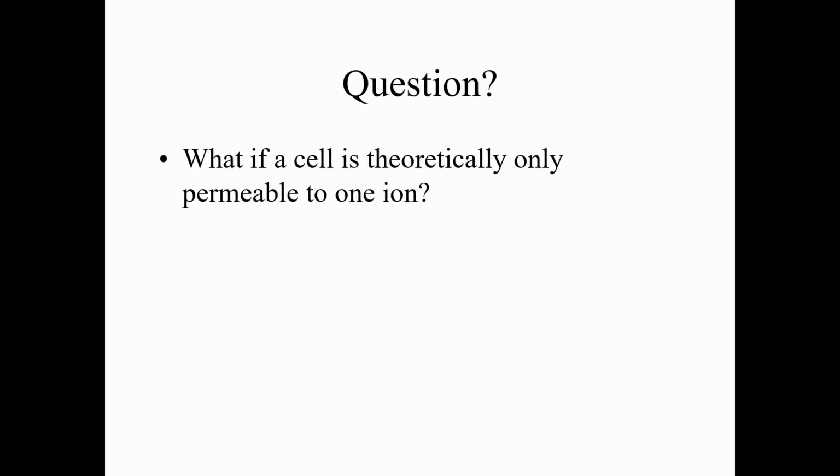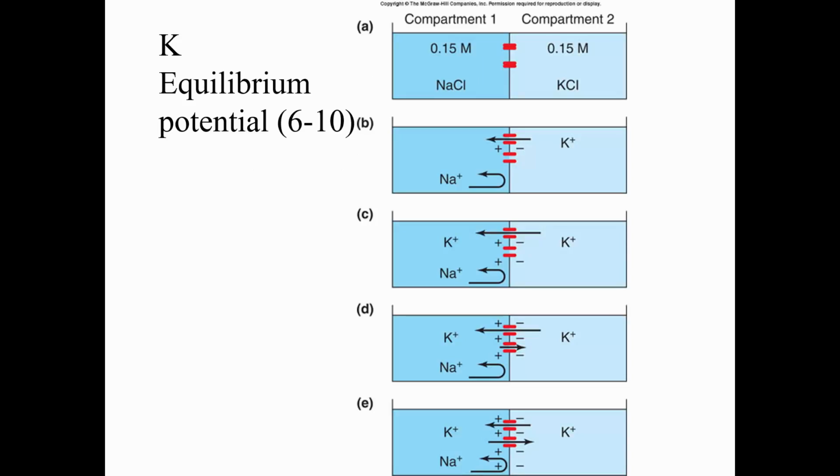What if a cell is theoretically only permeable to one ion? I say theoretically because cells are permeable to lots of things and their permeability is changing. It's really not a real life situation where a neuron would be permeable to only one ion. But let's just say it is only permeable to one ion.